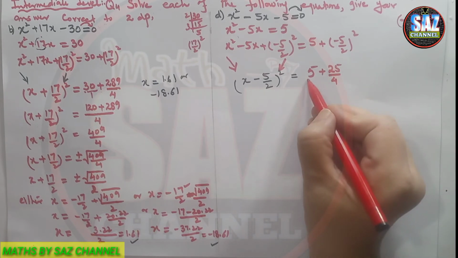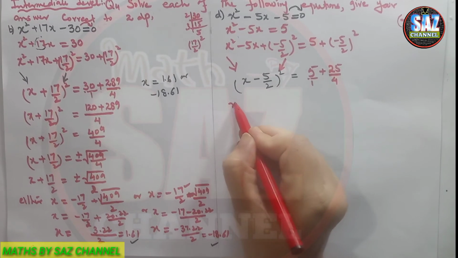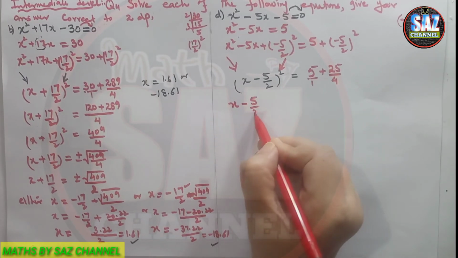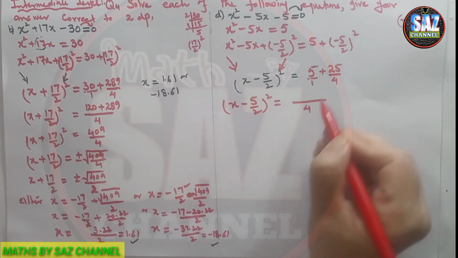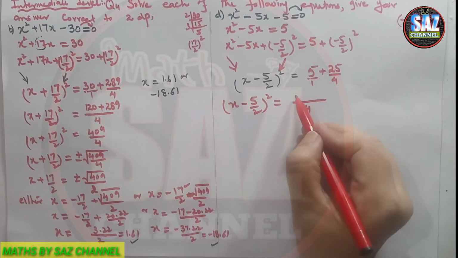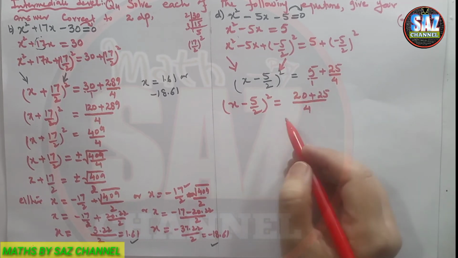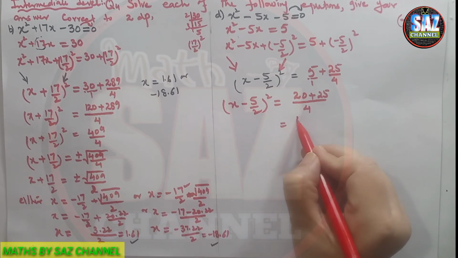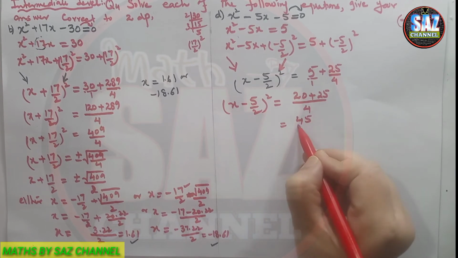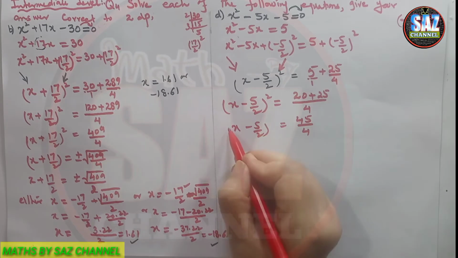Again, in order to solve this equation, I have to take the LCM, and the equation will take the form x minus 5 by 2 whole square equals, 4 fives are 20 plus 25, this will become 45 by 4.